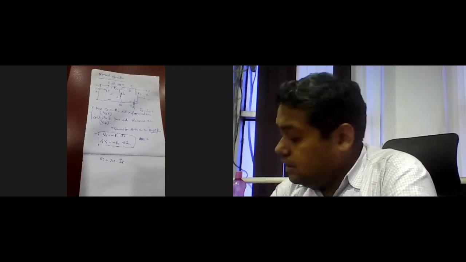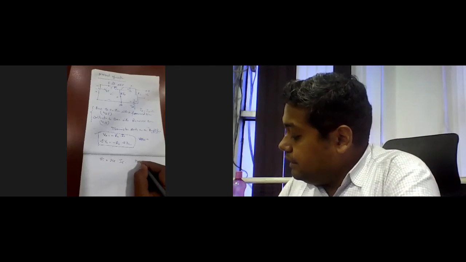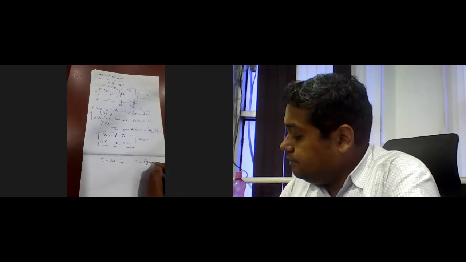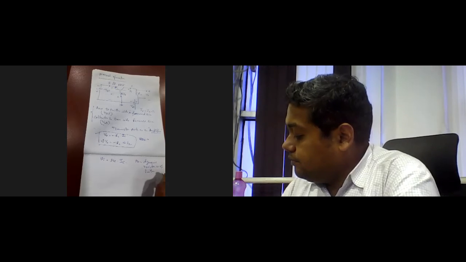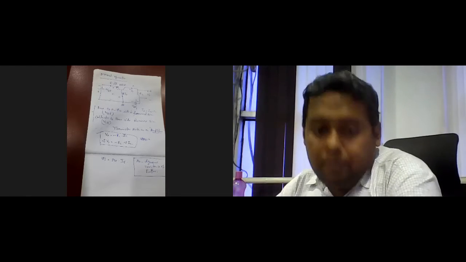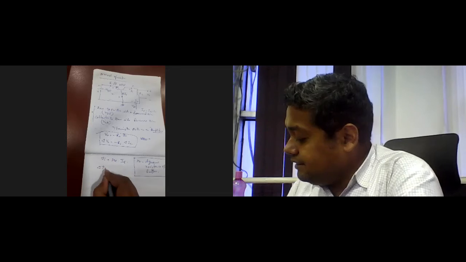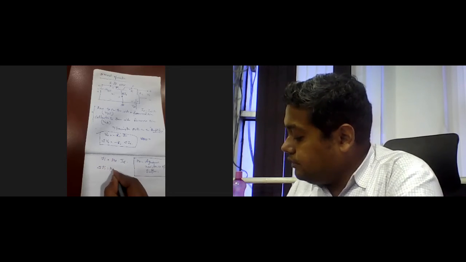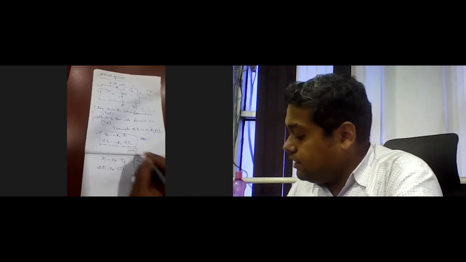RE is the dynamic resistance of the emitter side. So for that purpose, del Vi is equal to RE del I. So this is equation 1 and this is equation 2.